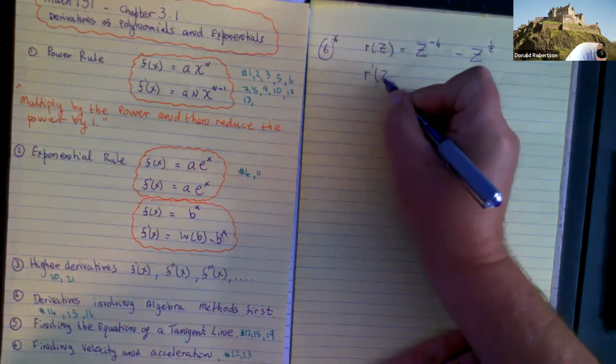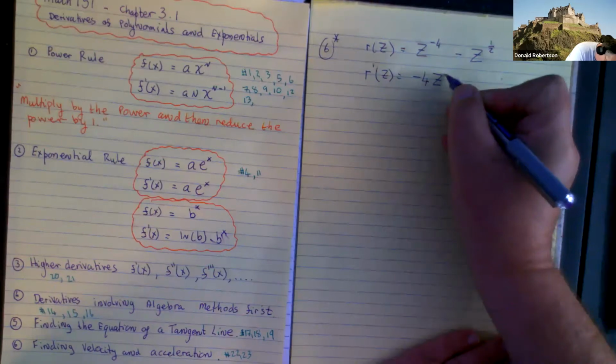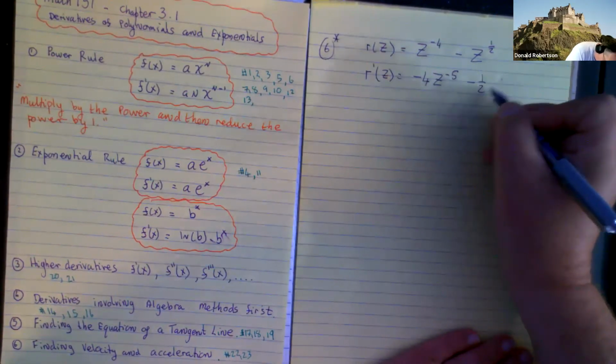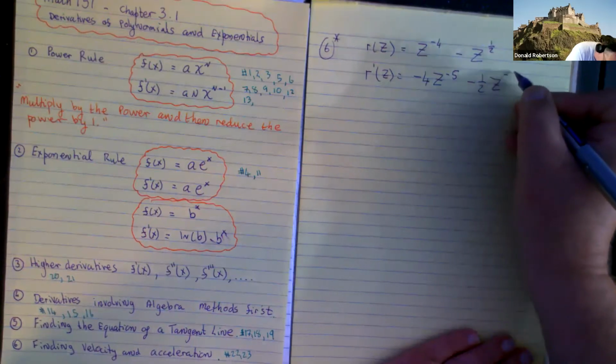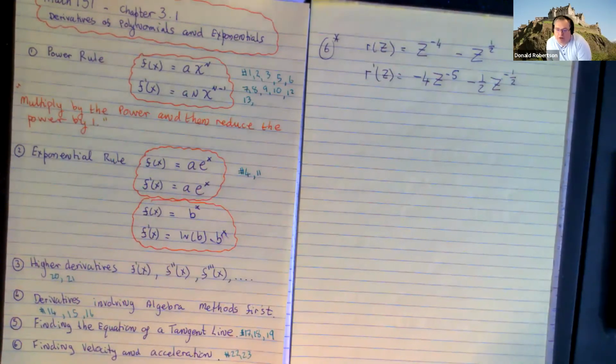The derivative: multiply by the power and reduce the power by 1. Multiply by the power and reduce the power by 1. Now, in our list of style points, that's actually the answer, because doesn't it look like the original? I mean, it's ugly, but the original is ugly. So don't worry about making it look anything different.